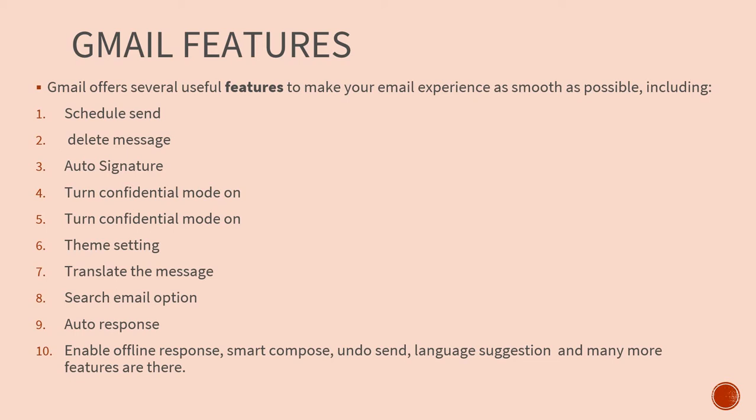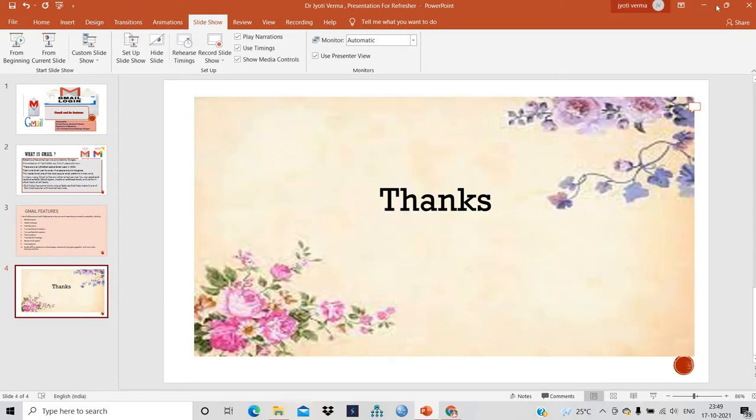We have another important feature, that we can translate the message. There are also search email option, auto response option, enable offline responses, smart compose, undo send, language suggestion, and many more features. So we will see how we can utilize these features.